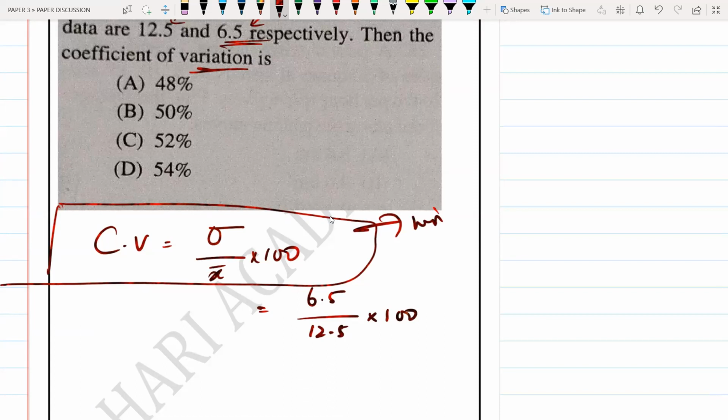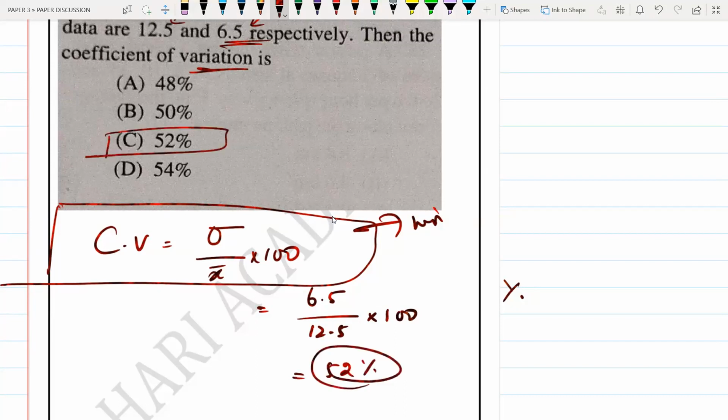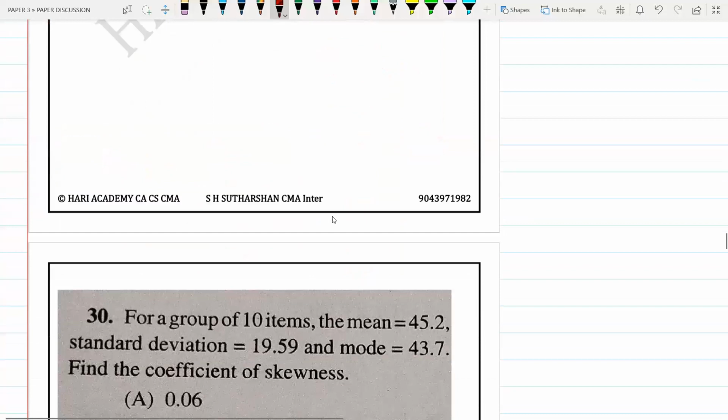So by just looking at the question, remembering the formula in your mind, 6.5 divided by 12.5 percentage. Instead of multiplying by 100, you can simply use the percentage button. Whenever you come across multiply by 100, you can simply use the percentage button. My final value is 52 percentage. Option C is my answer.